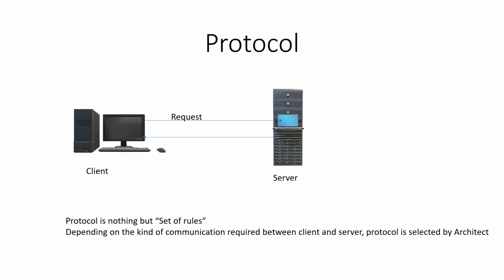Depending on the kind of communication required between client and server, the protocol is selected by the architect. You might ask which protocol we have to select while scripting, or while development. These are very basic concepts in development.